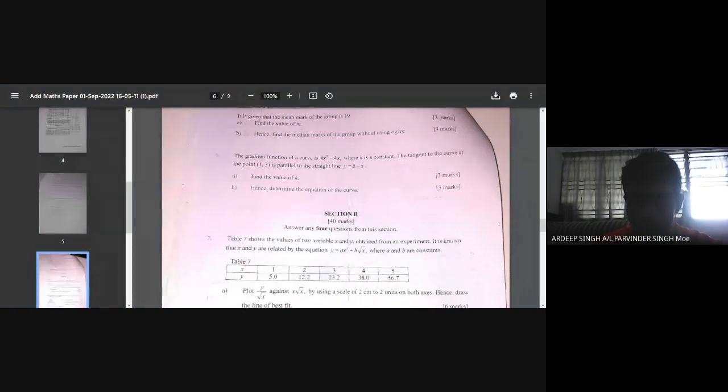Now when we say tangent to the curve at the point (1, 3), that means we use the first gradient, m1 only. We don't need m1 times m2 equals negative 1, we don't need to do that. We just get m1. So now, they say find the value of k, and B, they ask to determine the equation of the curve. Okay, this is a very simple question.